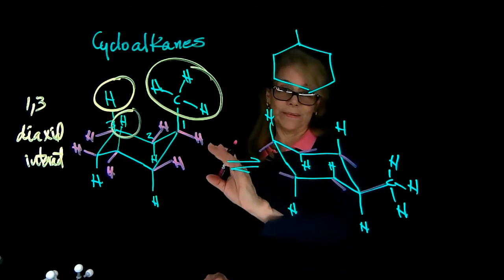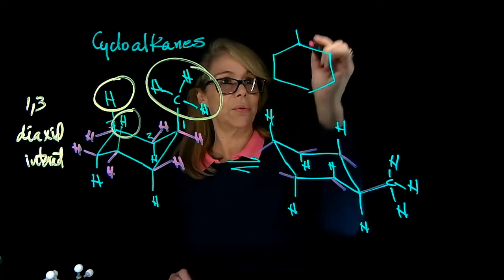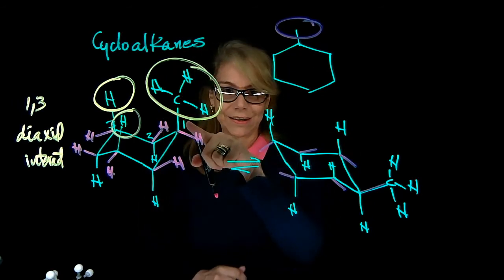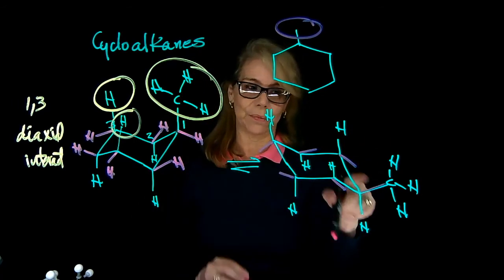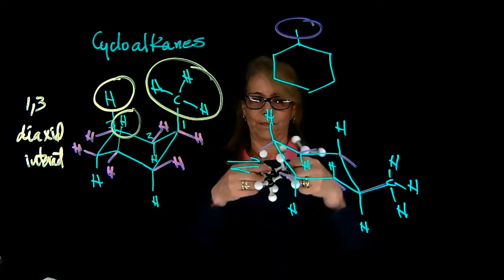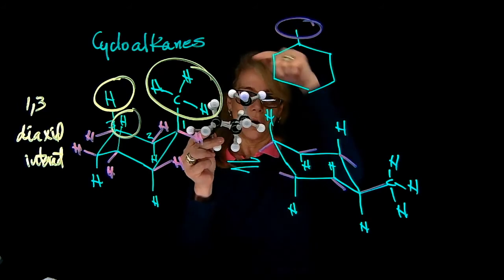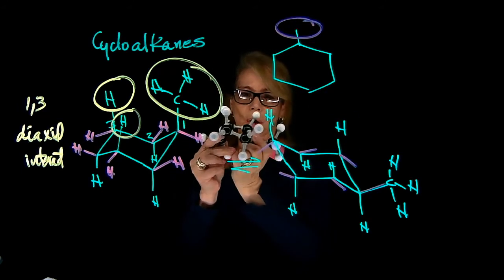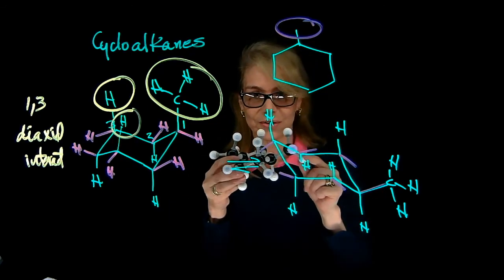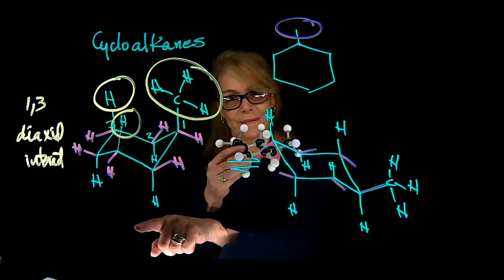But what is important is that in the ring flip, the substituent, we call it a methyl group, that was axial here went equatorial in the ring flip. Also, when you have the substituent axial bumping here, the 1,3-diaxial interactions, when it goes equatorial, I no longer have those interactions, and that means this conformation here is lower in energy than this one.